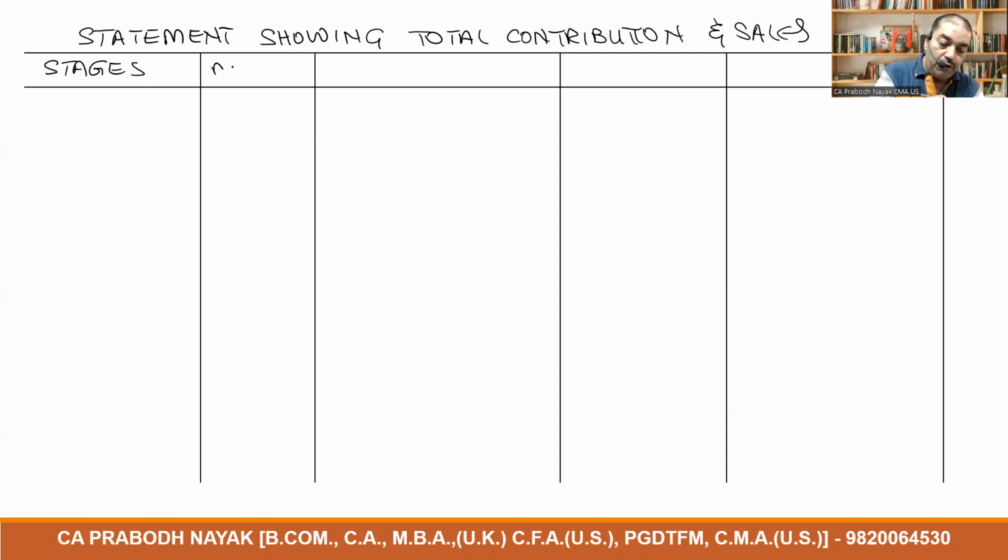Here we'll write how many months the stages lasted. Here we'll write the contribution. Keep it a little bigger column, contribution. Here we'll write sales quantity. And here we'll write sales in rupees.